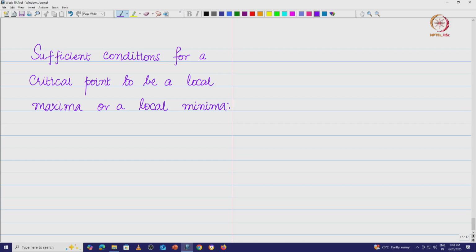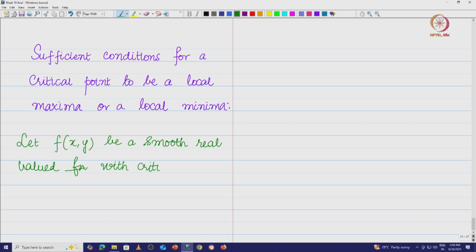Let us look at the conditions. First of all, let f of x comma y be a smooth real valued function with critical point at, let us say, x naught comma y naught.